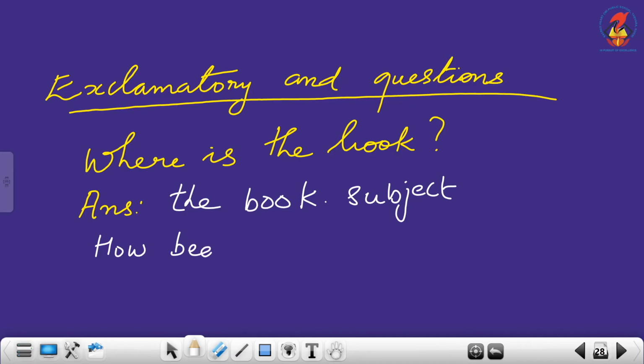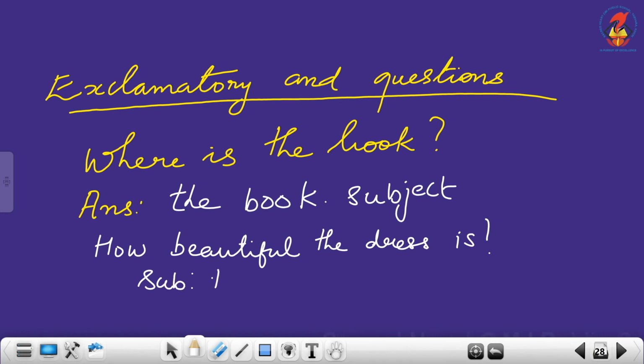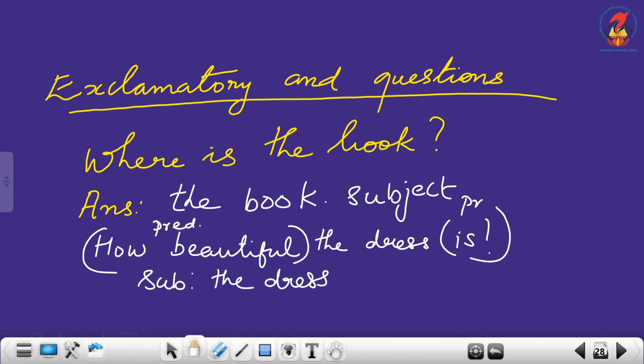How beautiful the dress is. What is the subject here? The subject will be the dress and the rest will be the predicate, including how beautiful and is. This will be the predicate. Okay, this is also the predicate.